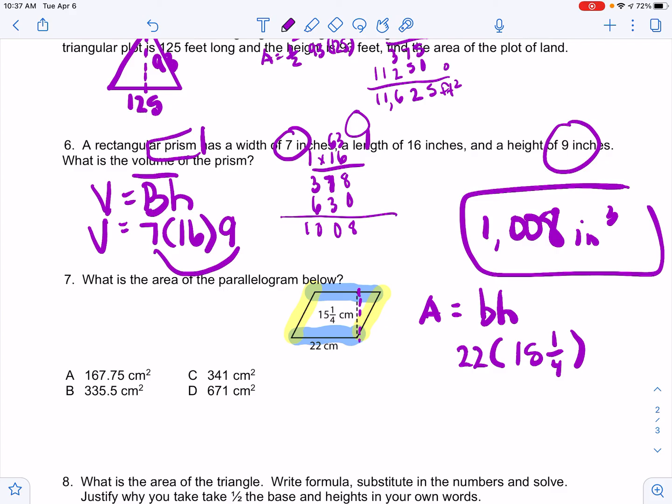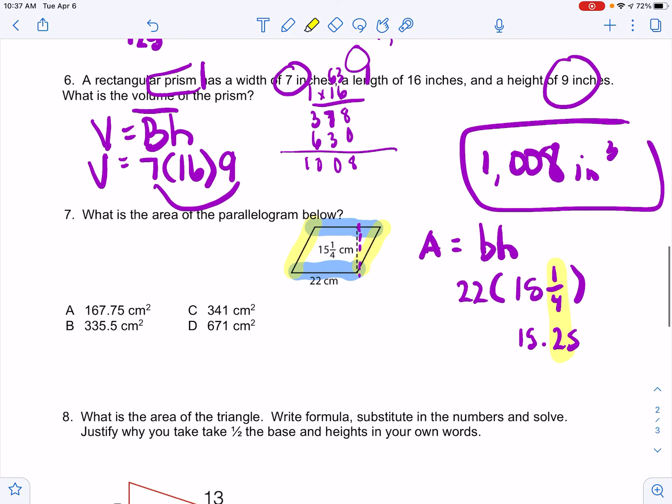And so now you can change 15 1/4 to 15.25 because 1/4 is equal to 25 hundredths, or you can keep it as a fraction. I am going to say 15 25 hundredths times 22. Remember, when you multiply decimals, you do not line up your decimals.